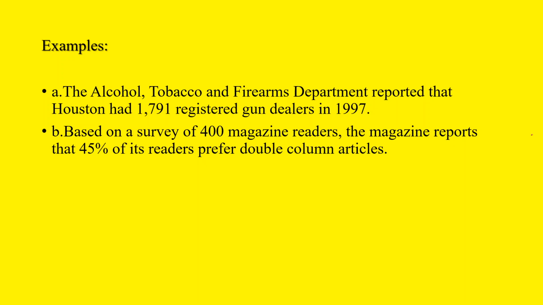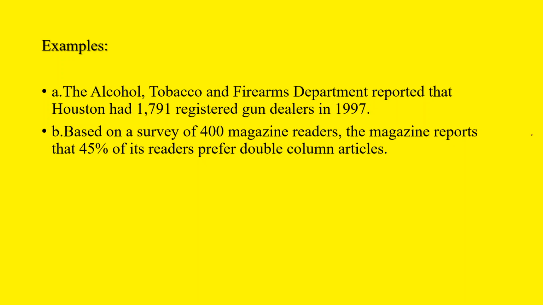So, example A: the Alcohol, Tobacco, and Firearms Department reported that Houston had 1,791 registered gun dealers in 1997. So obviously you can instantly identify a number, 1,791 gun dealers, right? And look at the second example. Based on a survey of 400 magazine readers, the magazine reports that 45% of the readers prefer double column articles.